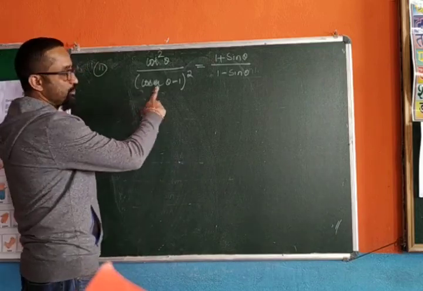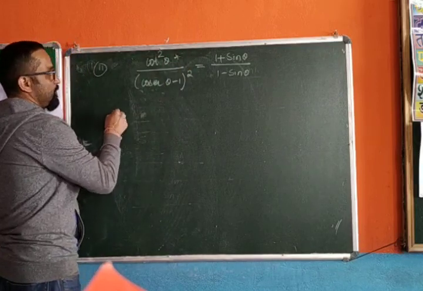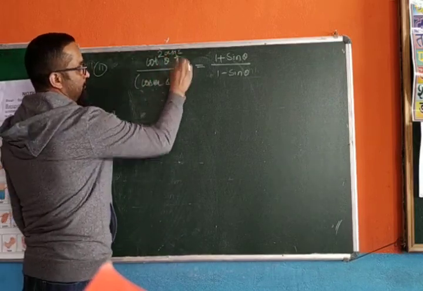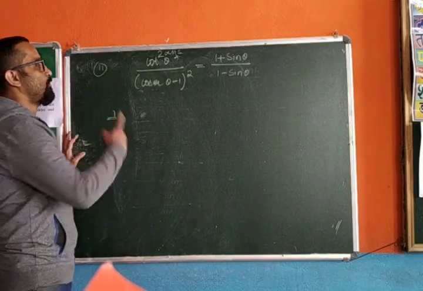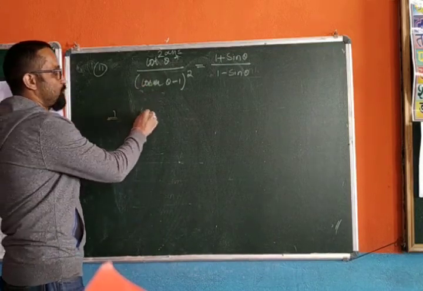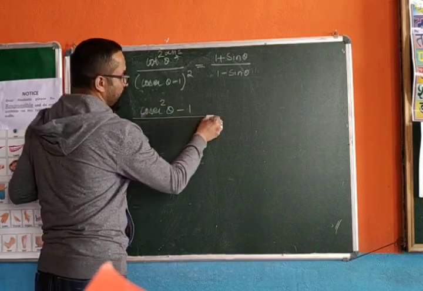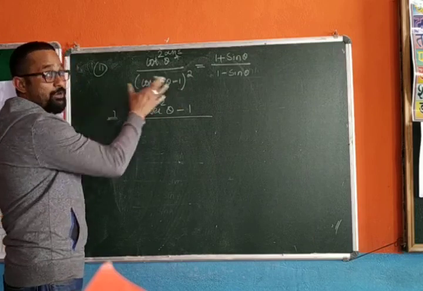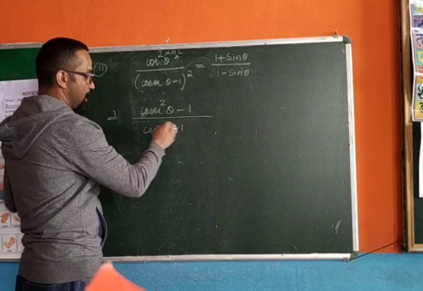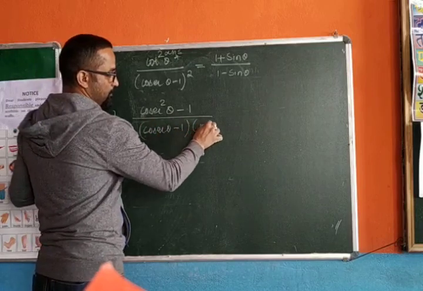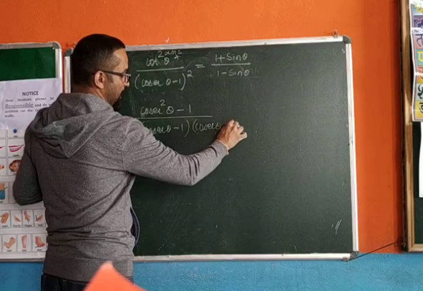This is whole squared, so you don't have any identity. Change this. Take the left hand side. Change cot squared using the identity. Cot squared can be written as cosec squared theta minus 1. You have whole squared, so write it twice: cosec theta minus 1, cosec theta minus 1.